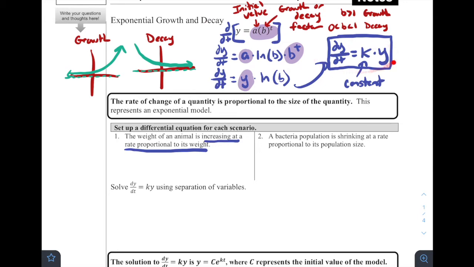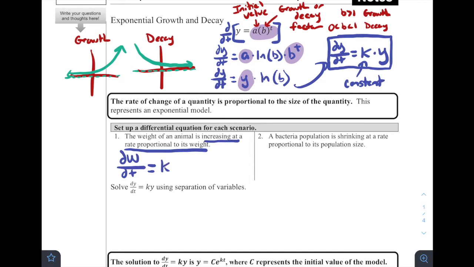And we would expect the derivative to be of this form: dy over dt is equal to some k times y. Now, we'll use the variables that are in this problem. Because they're talking about weight, the change in weight, dw, with respect to time, so dw over dt, the rate of change of the weight with respect to time, is equal to some constant, which we don't know, times the weight.